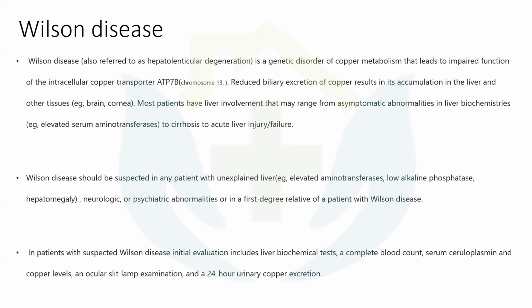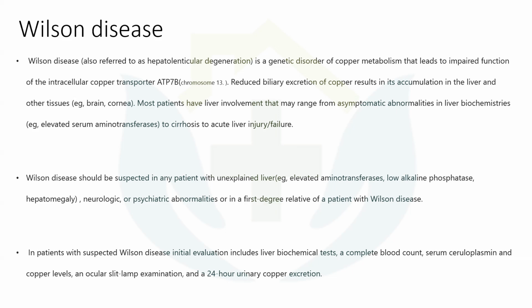We suspect Wilson disease when there is an unexplained liver problem, like elevated enzymes, low alkaline phosphatase but normal alkaline phosphatase otherwise, hepatomegaly, and a patient with some psychiatric and neurologic disturbances. When there is a family history, it is very likely that the patient has an inherited problem, so Wilson disease is highly suspected in those cases.